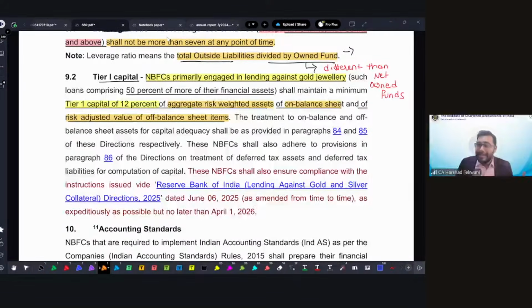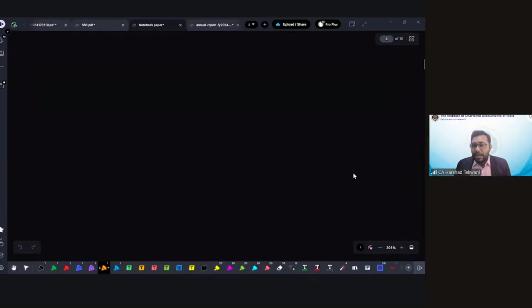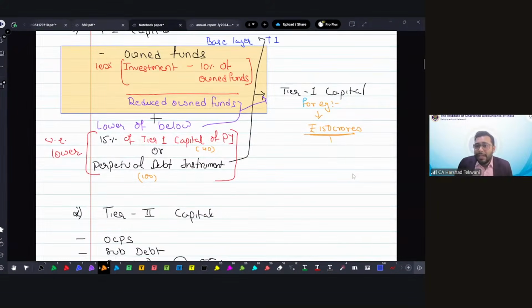I have to compare that number with another number to say that, okay, it is meeting the requirement or not. So this 150 should be more than the 12% in case of gold. But let's say in other cases, more than 10% of this aggregate risk weighted assets of on balance sheet items. Now, percentage level is fine. But what is this aggregate risk weighted assets? That we have to understand.